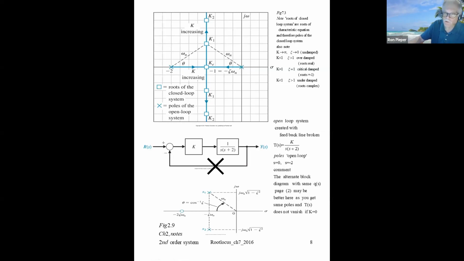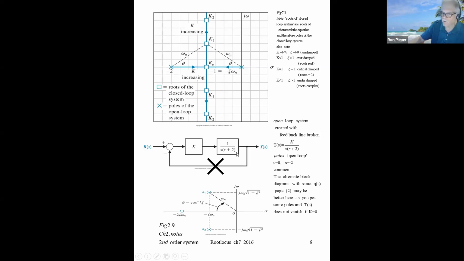Now he is referring to the poles of the open loop system. Well, how do we get the poles of the open loop system? By opening up the loop. If we open up the feedback loop and break the connection, then the feed forward path is the only connection between the input side and the output side.